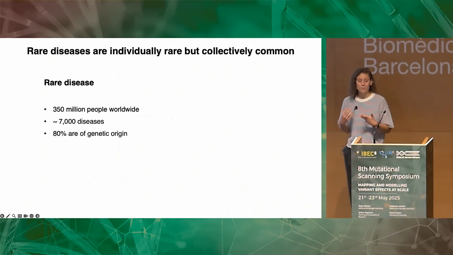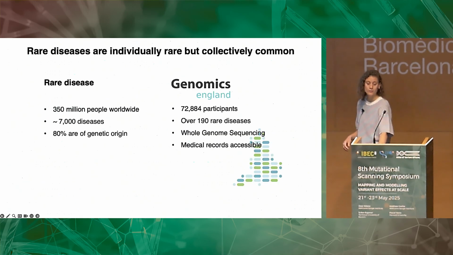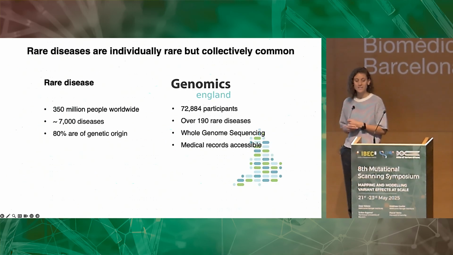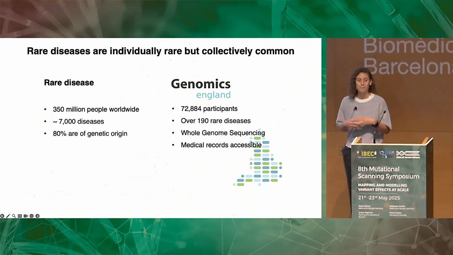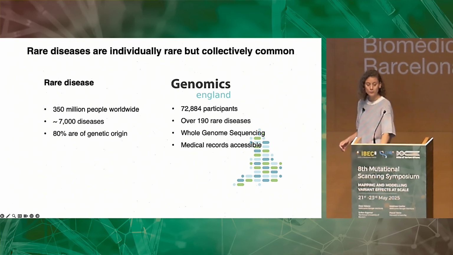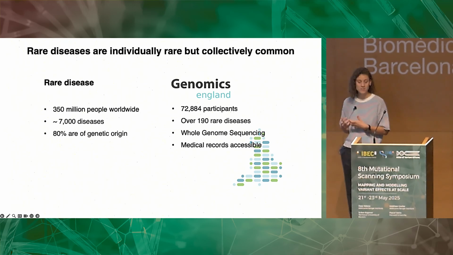The development of next generation sequencing has brought opportunities for diagnosis, and large whole genome sequencing projects have been developed, such as Genomics England, that have recruited over 70,000 participants for the rare disease program across 190 conditions. So they have collected whole genome sequencing data along with medical records.